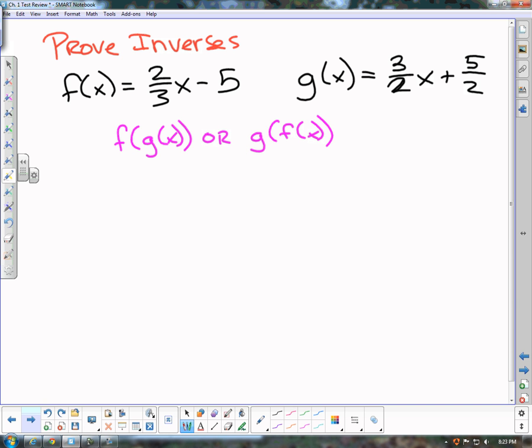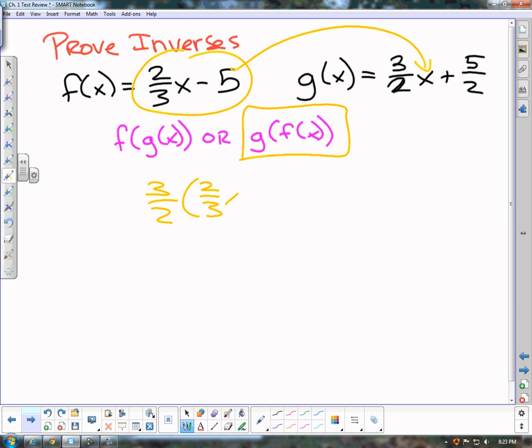That is completely up to you. We are going to do this one for today. That means we have to substitute that function into that one. So we would have 3 halves times 2/3 x minus 5, plus 5 halves. Because that whole thing has to be replaced there.